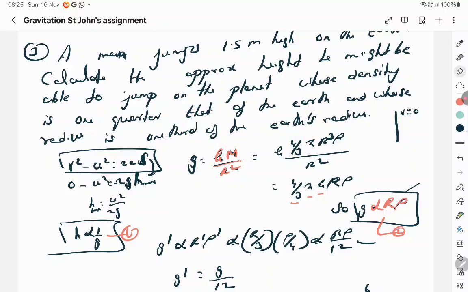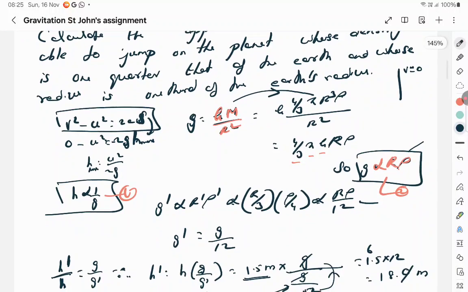M is 4/3 pi r cube into rho. Density is mass by volume, mass is density into volume. So when you do this, g dash is directly proportional to rho into r, because 4/3 pi G and all is constant. So write it as r by 3 and rho by 4.